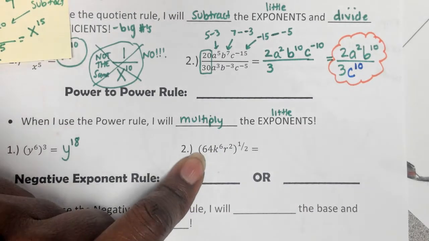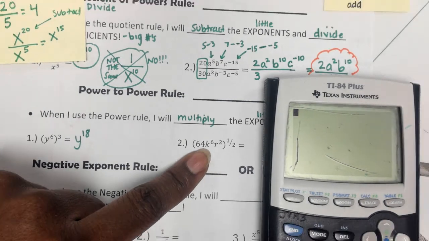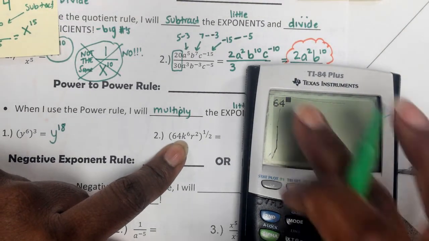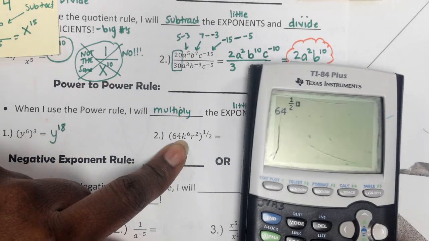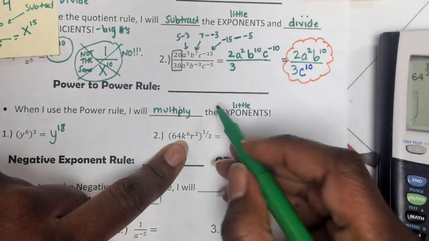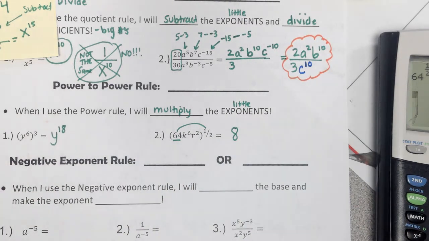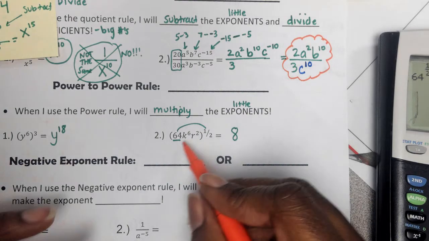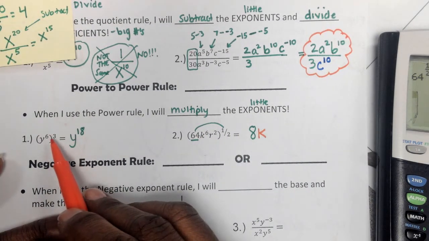What we actually have to do is try to figure out what is 64 to the power of 1/2. 64 to the power of 1 over 2 will give us an 8. So we start off with the 8 because that was my 64 to the power of a half. However, now I need to look at my k's. And for the k's, I do the same rule. Multiply the exponent.